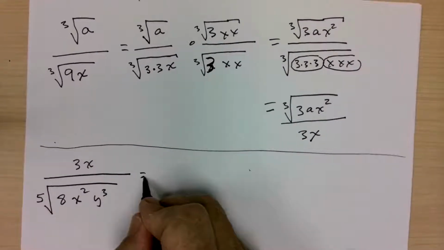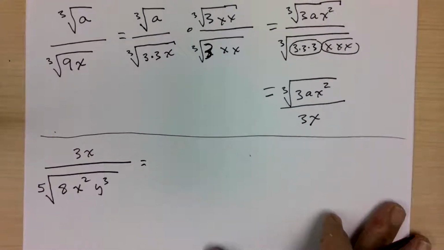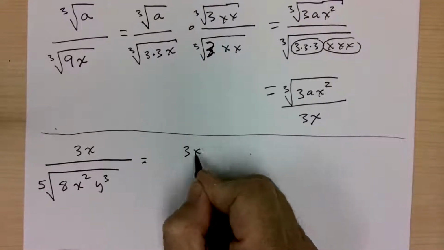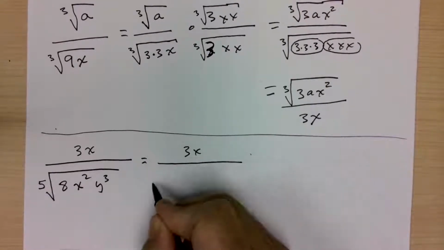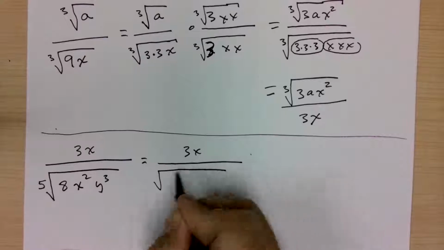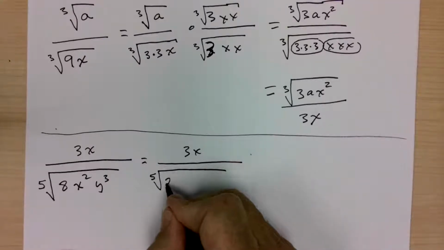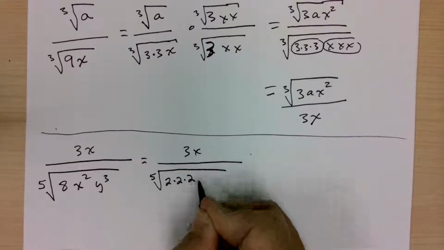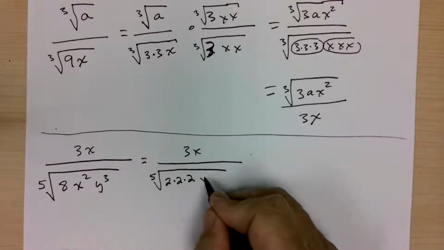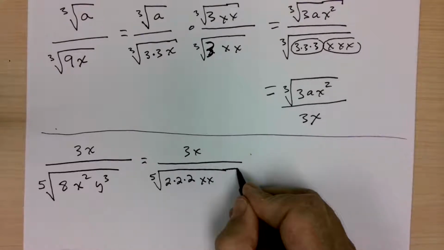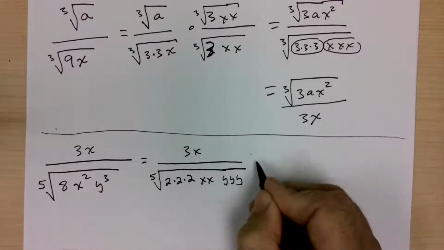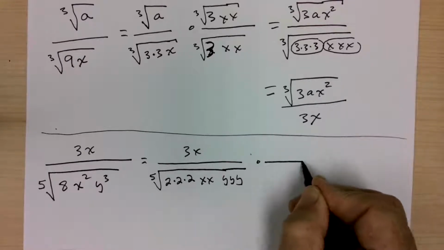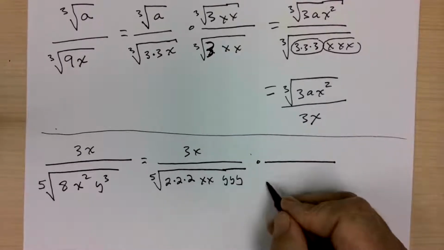So I need to do my factoring and see how many more I need. So I have 3x over the 5th root of 8, which is 2 times 2 times 2. X squared, which is x times x. Y cubed, which is y times y times y. Now I know I need to have 5 to break out of a 5th root.